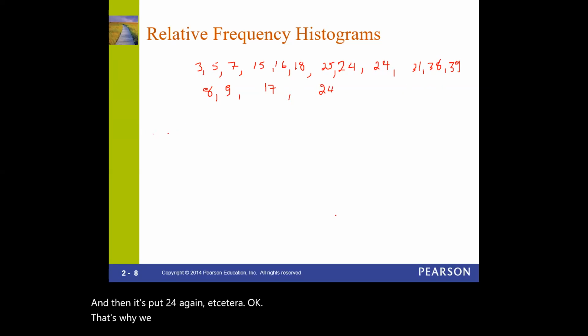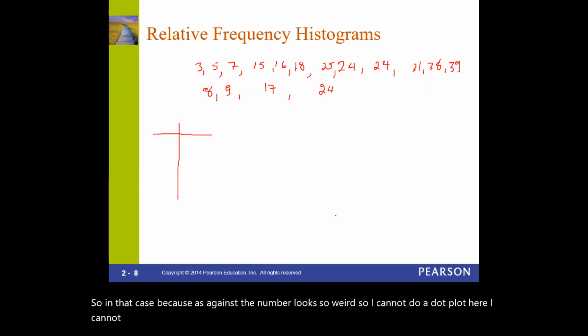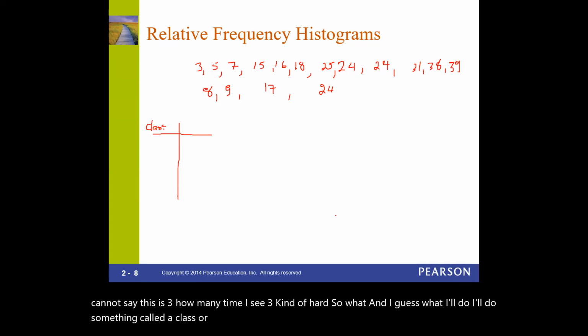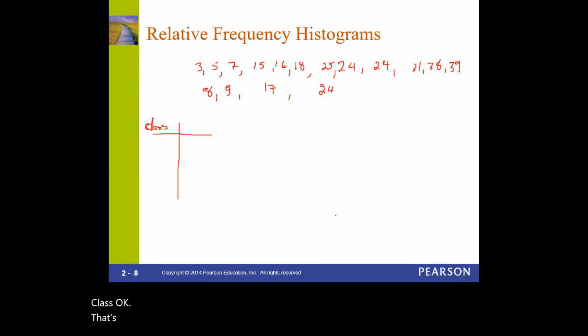So what I can do is a table first. Because as you can see, the numbers look so weird, I cannot do a dot plot here. I cannot say this is 3, how many times I see number 3, kind of hard. So in that case, what I'll do is something called a class or bin. Class. Okay, that's a C right here, class. And that'll be the frequency right there.